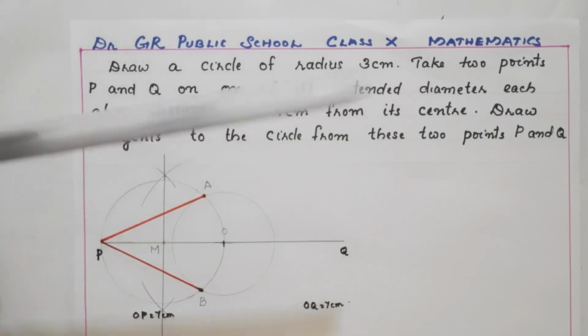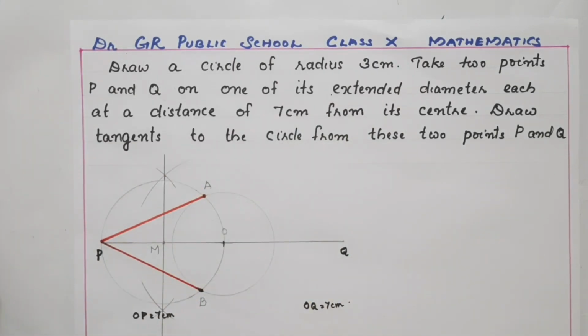So PA and PB are two tangents from an external point P to this first circle. Now, how will you construct the tangents from Q?